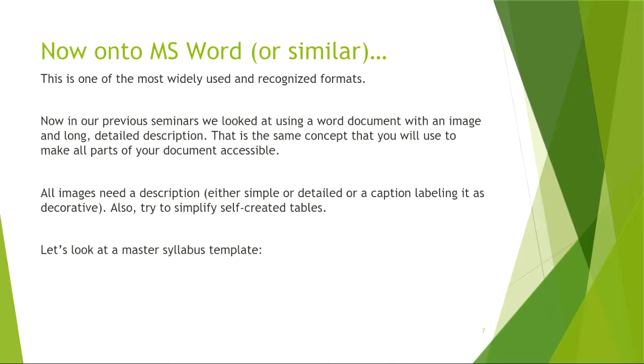With Microsoft Word, if you're going to make it accessible, there are a few other things that you do have to do. And a couple of those things depend on what you're going to create within that Microsoft Word document.